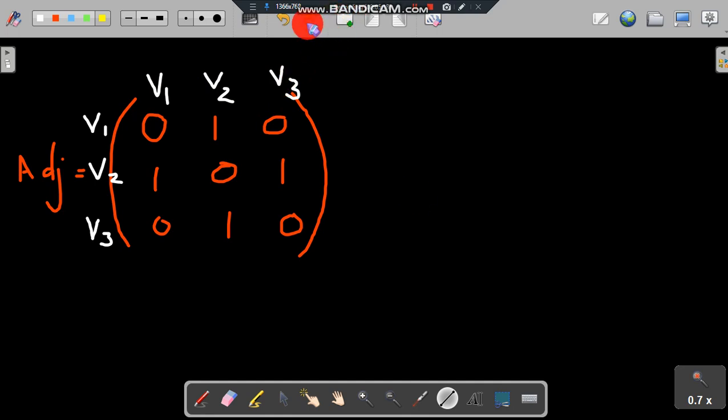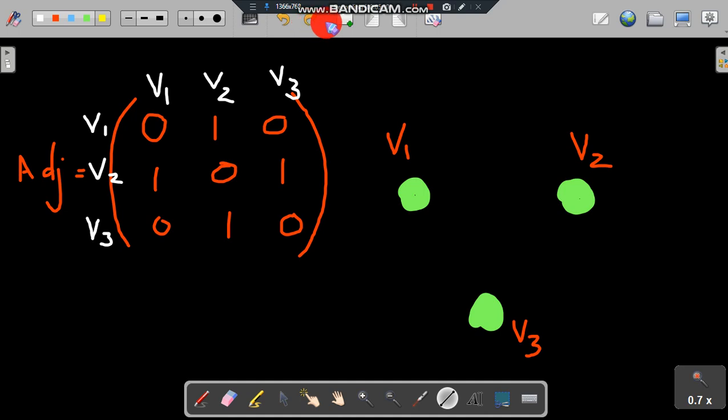Now I am taking 3 vertices and I am calling them V1 first vertex, V2 second vertex, and V3 third vertex. Now on the basis of the adjacency matrix, we must make the edge between the 2 adjacent vertices.